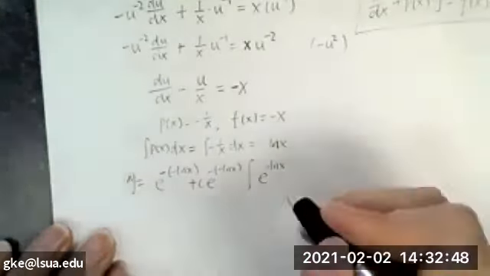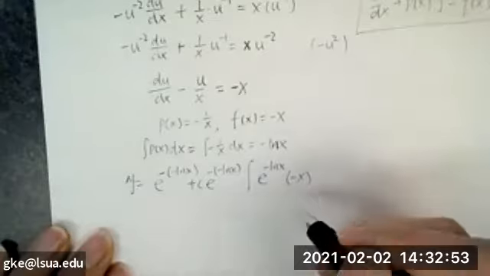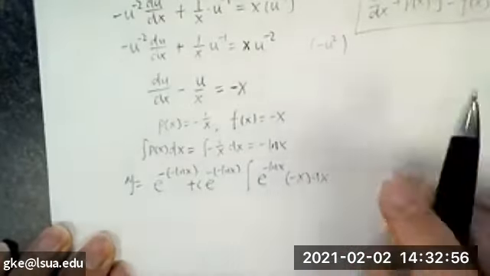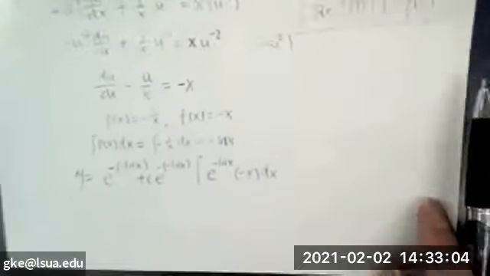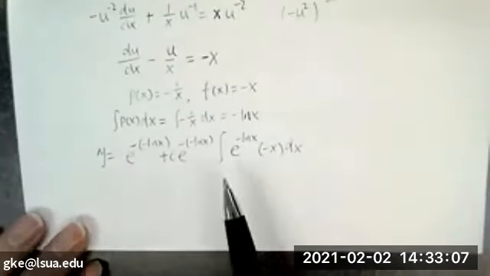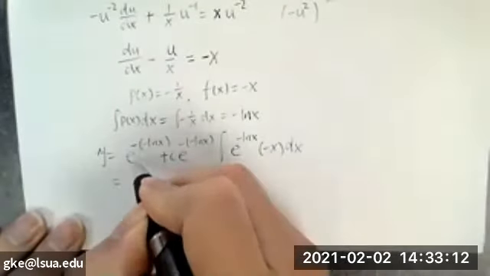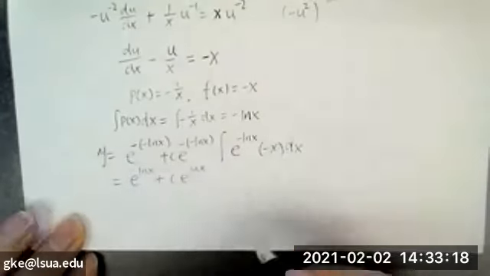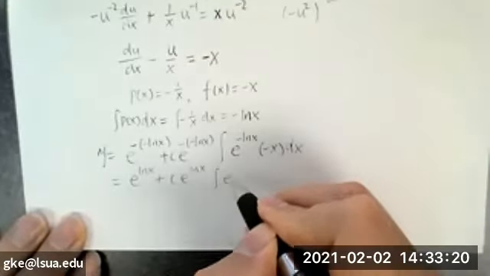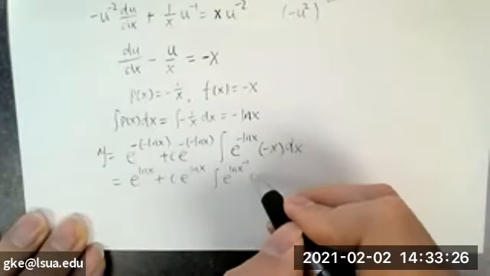I wish you guys still remember how to use this formula. The solution of this is this guy. Plug in this formula, so we got this one. And for this one it is e to the power of ln x, which gives x. And for this guy, you can write x to the power negative 1, and negative x dx.